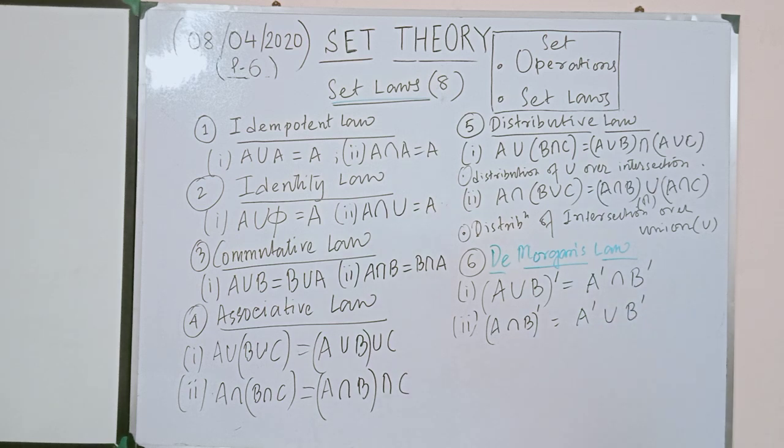Just look at it. It means only the sign gets reversed in two places. So these De Morgan's laws can be proved by Venn diagram, or you can use algebraic laws to prove this also.